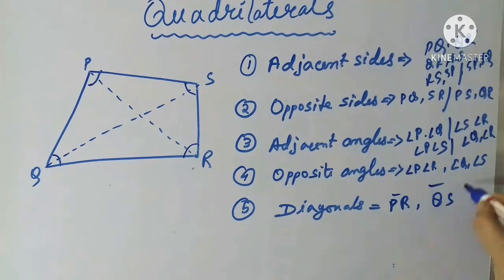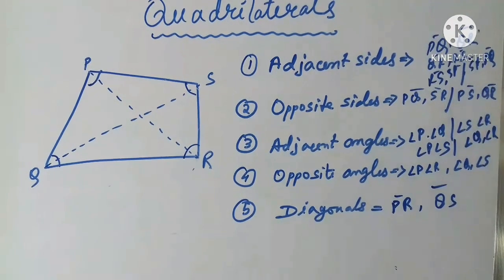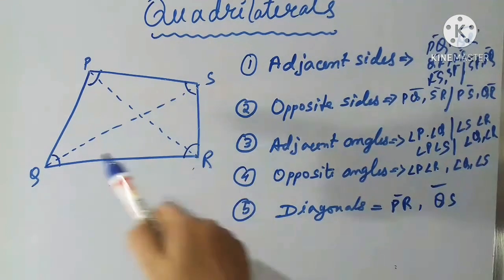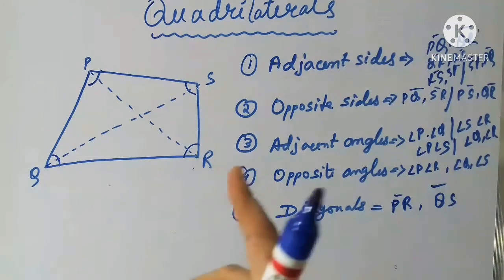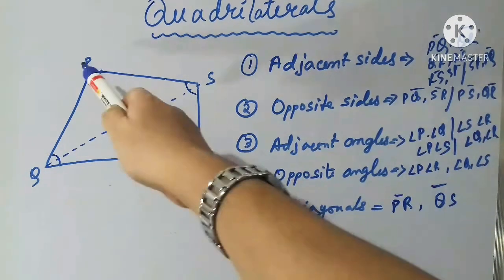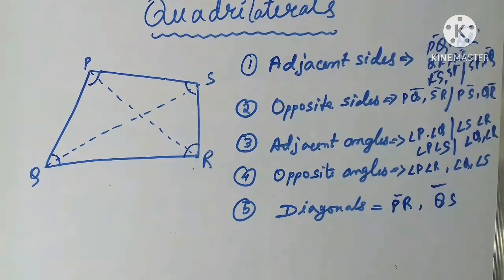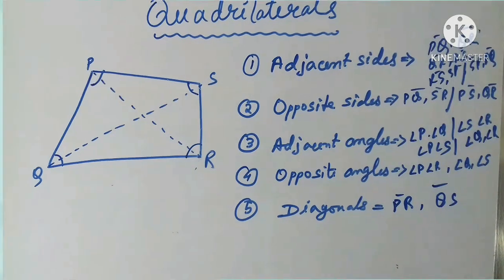QS is also a diagonal. So the diagonals are PR and QS. Every quadrilateral has two diagonals. These two diagonals intersect at a common point. So these are the basic elements of a quadrilateral.